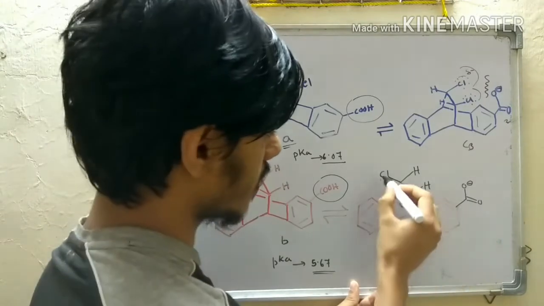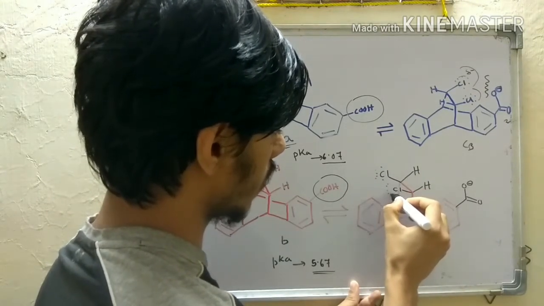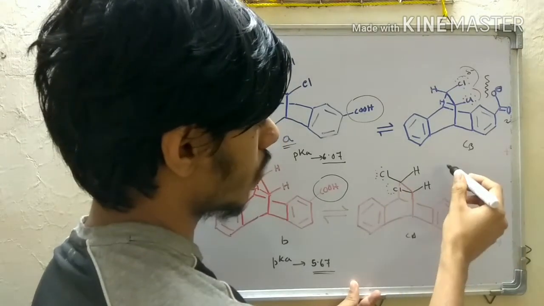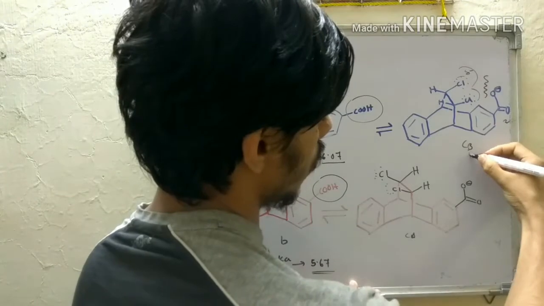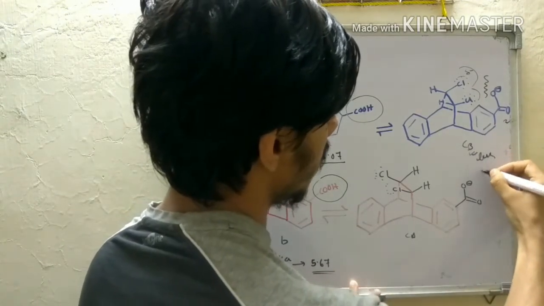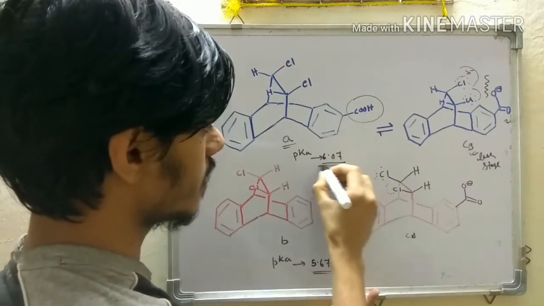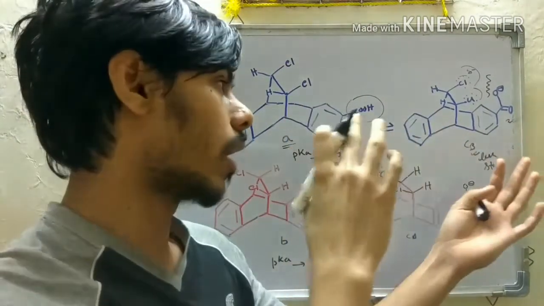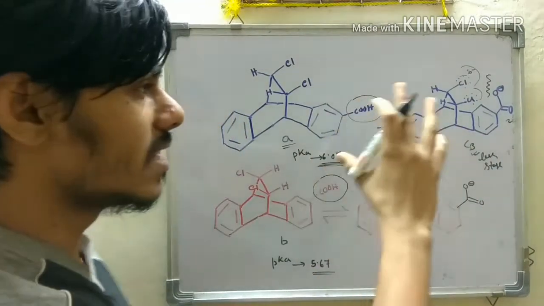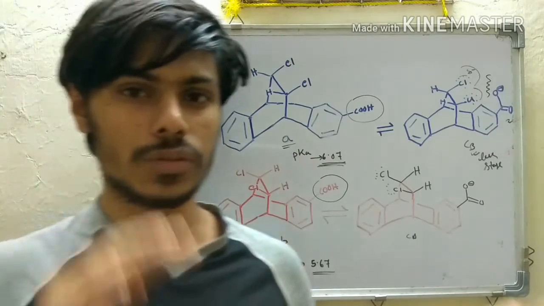In the other molecule, these chlorine atoms are far apart from the carboxylate ion, so there is no such Coulombic repulsion. This makes this conjugate base less stable than that, and that's why its acidity is lower. That means it is reluctant to undergo dissociation. This type of effect is called the field effect, and it is not through bond but through space.